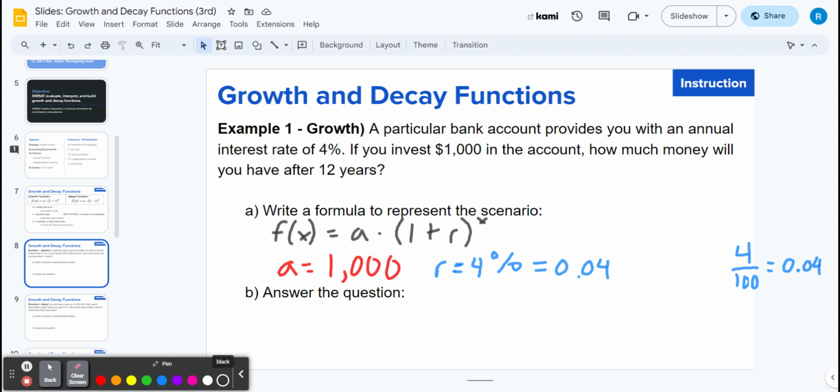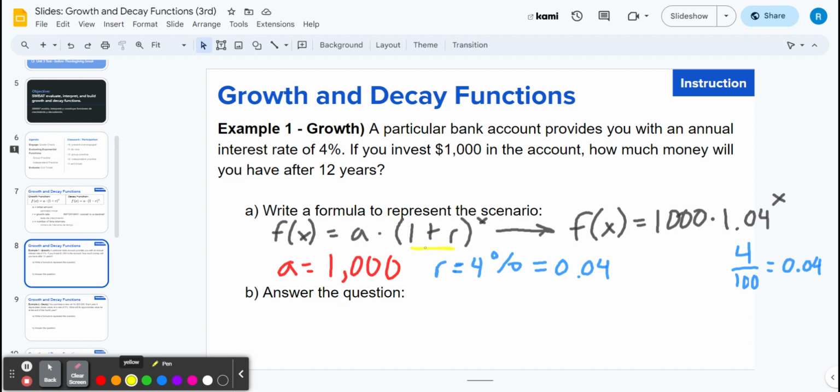What we can do is just plug these two values into that formula up top, and the function that represents our scenario here is f of x equals 1,000 times 1.04 to the x power, because that 1 plus r gives us 1.04.